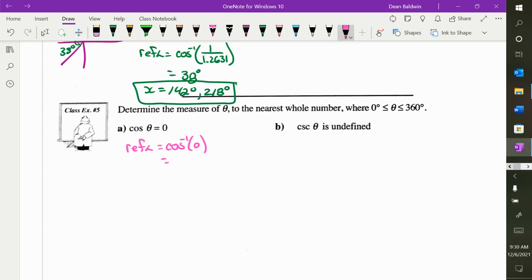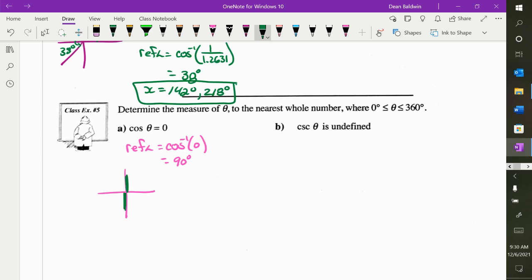What's cosine inverse of 0? It's 90 degrees. So where are you on the grid? What quadrants are you in? Okay, you're here. There's a reference angle of 90, right? Where else?